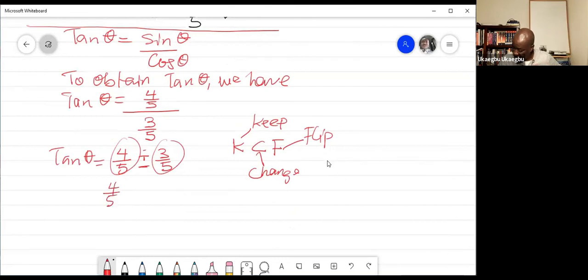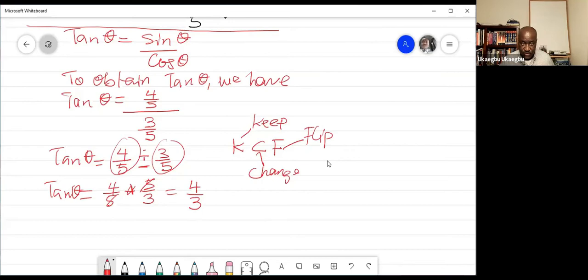We change the sign to multiplication, and then we flip this to 5/3. So 5 crosses 5, and you are left with tangent of theta equal to 4/3.